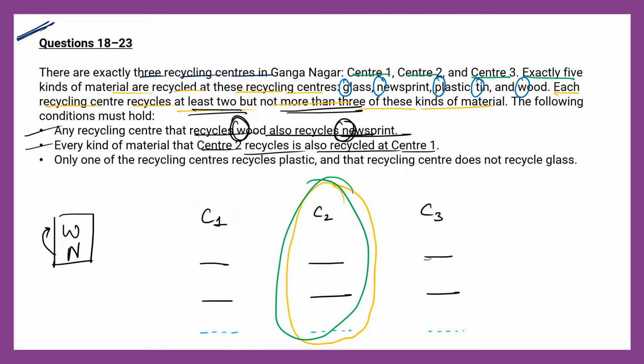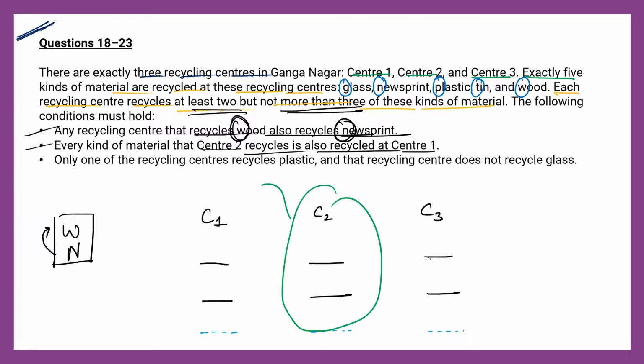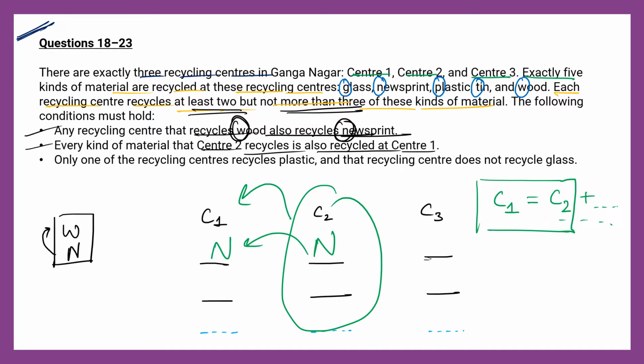Look, when you say that everything at center 2 is recycled at center 1, it means that, hey, center 1 definitely has what is recycled at center 2, and it may have something else too. It may not. So either center 1 and center 2 will be equal, or it will have something extra. For example, if you have N at center 2, you will have N here as well, okay?